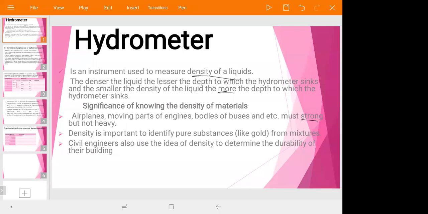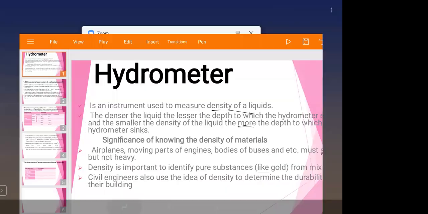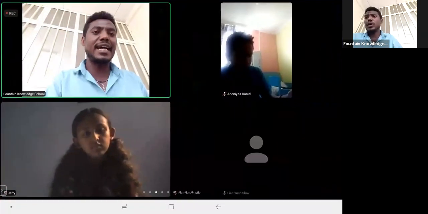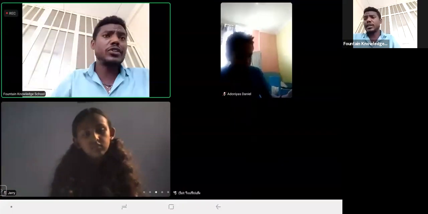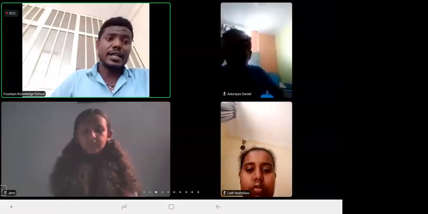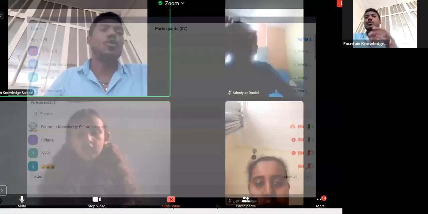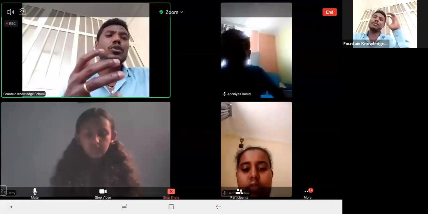And the other point is that civil engineers use the idea of density to determine the durability of their buildings. For example, buildings can be checked from time to time. Why? They wanted to know the durability of their buildings.